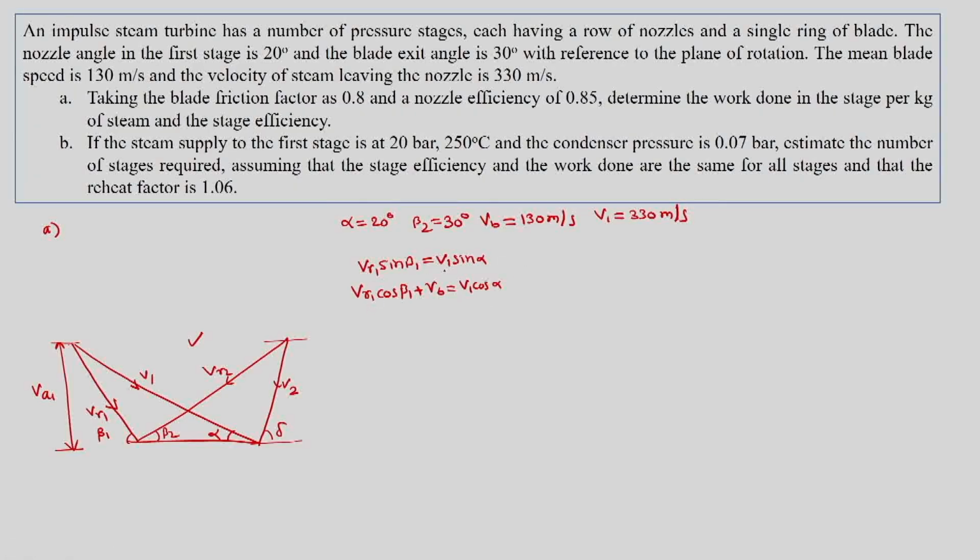We can put the VB over here and divide, and we get the formula tan beta 1 is equal to V1 sin alpha divided by V1 cos alpha minus VB. So it is 330 into sine of 20 divided by 330 into cos of 20 minus VB, which is 130.